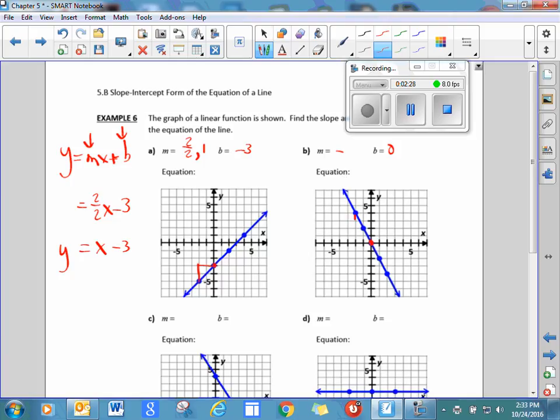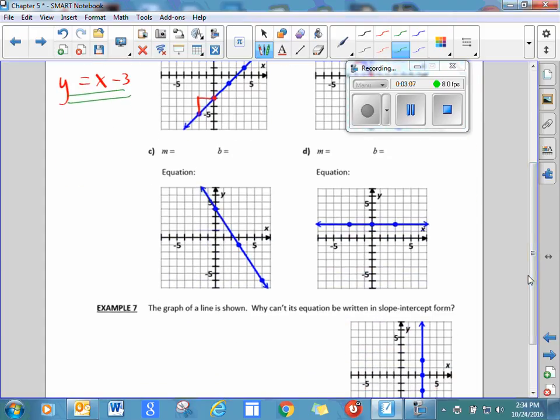So if we calculate the rise, it's 2, and the run is 1. So there's the slope, and now we can fill it in to y equals mx plus b form. So y equals, the m is negative 2, and the b is 0. So when we clean this up, we don't have to say plus 0 on the back end. We can just say y is equal to negative 2x.